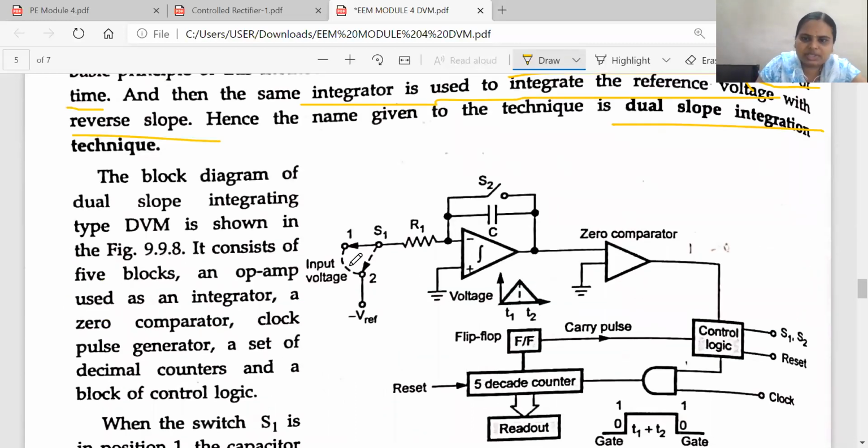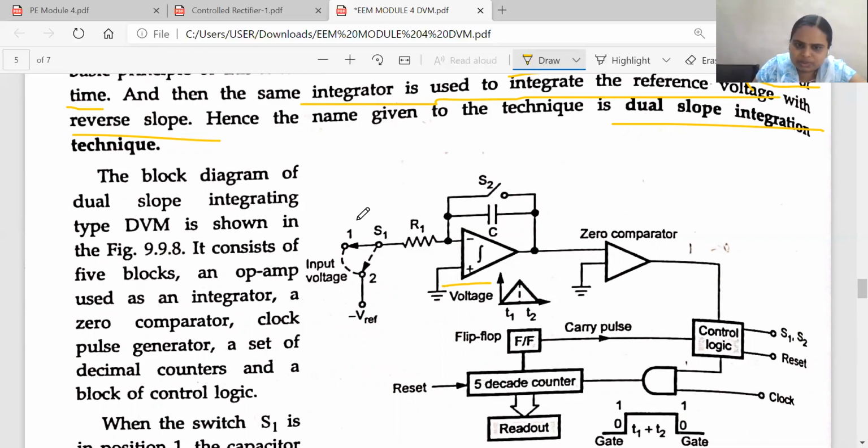The block diagram of the dual slope integration type DVM is shown in the figure. It consists of 5 blocks. An op-amp is used, with the positive terminal given to ground and the negative terminal connected.